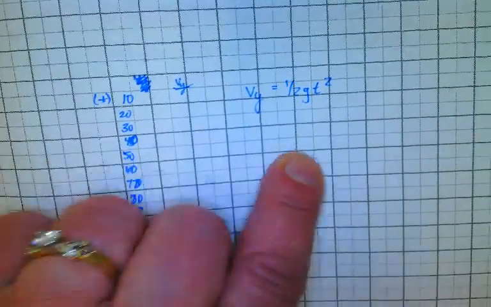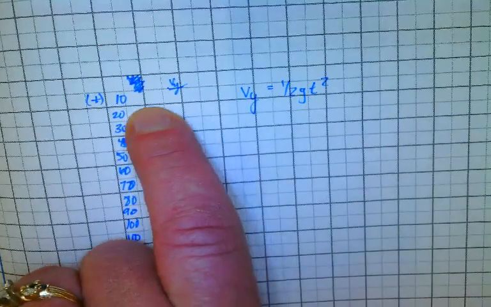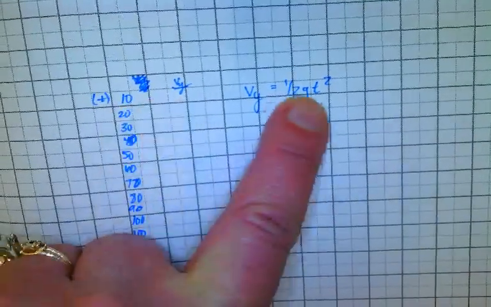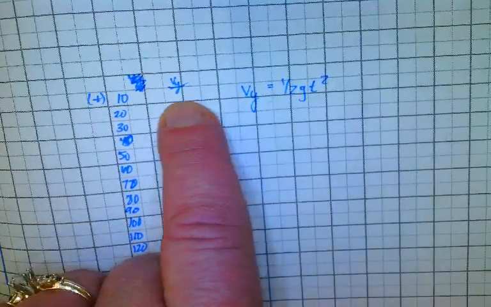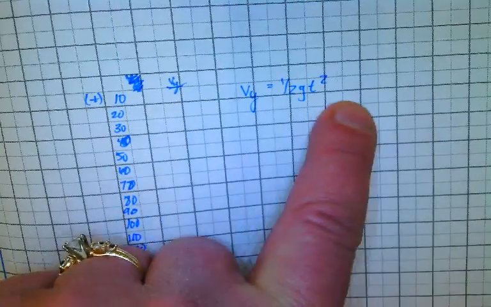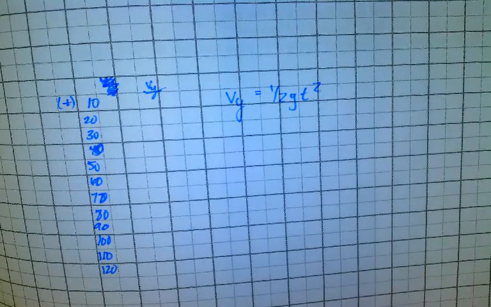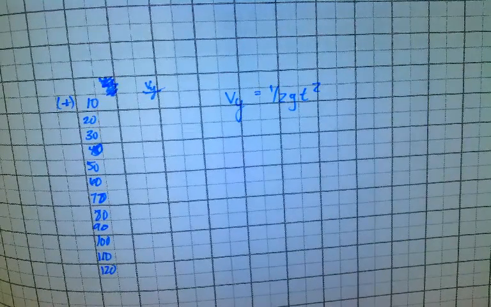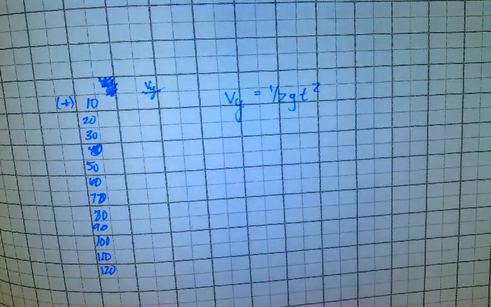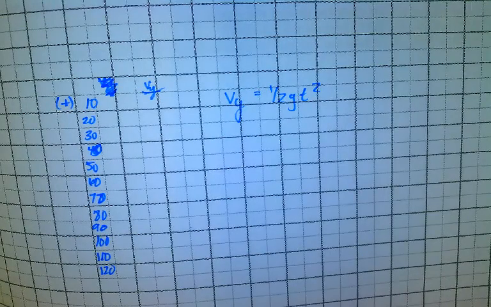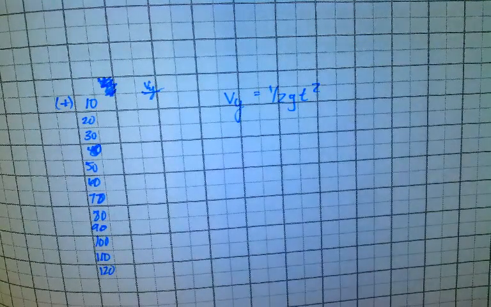Using this equation, here's your time. Put your time in there and write down what your Vy is. Can you handle that? Why are we using that equation? Great question, Charlie. I will answer that in a second.